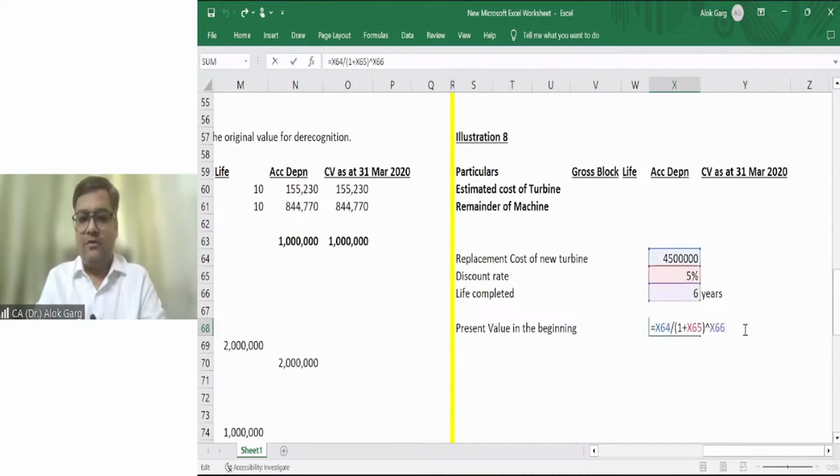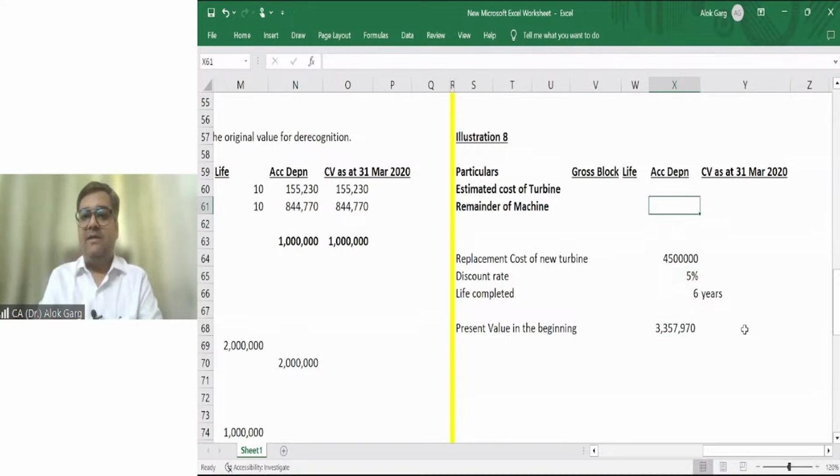You can round off to the nearest 1 or nearest 10. Let's say 3357970, right? I just rounded off to 3357970.